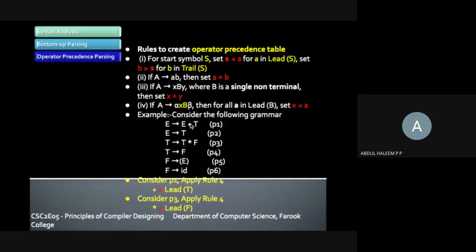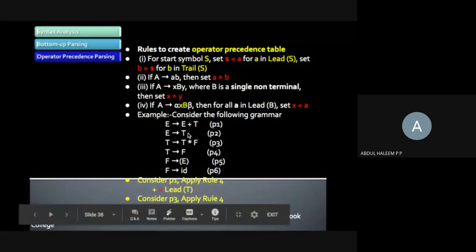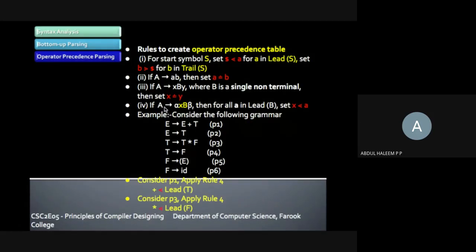That's it. So when we have a rule, we should know on which of the productions the rule should be applied. Then we can see what should be done. So if such a production is there, for all the A in lead of B, set X less than A. That means X will be having lesser precedence than all elements of the lead of B. So X is less than lead of B in this case.